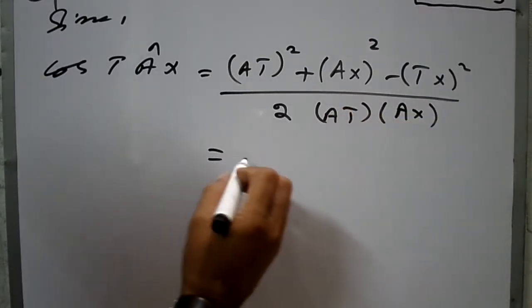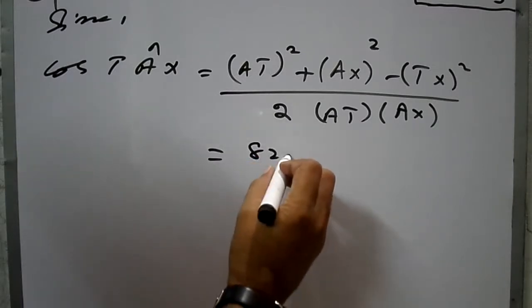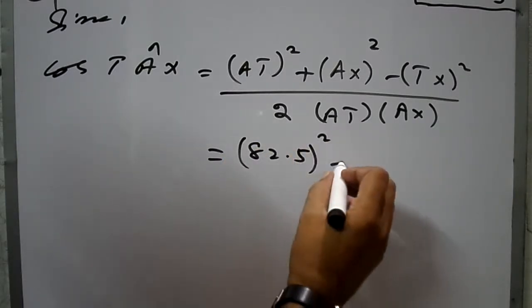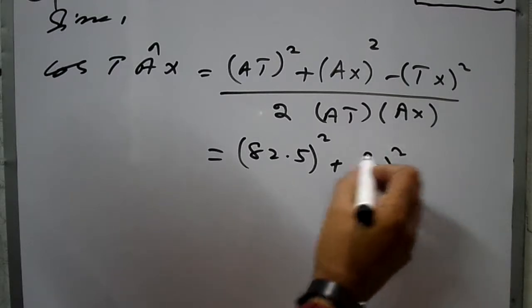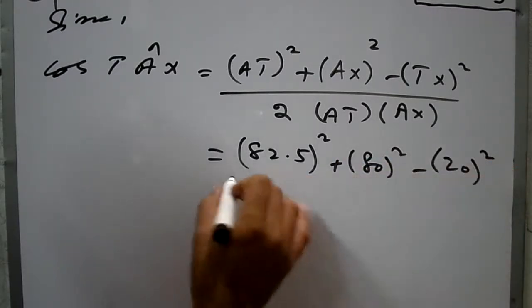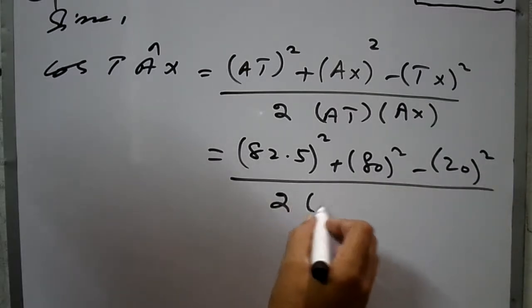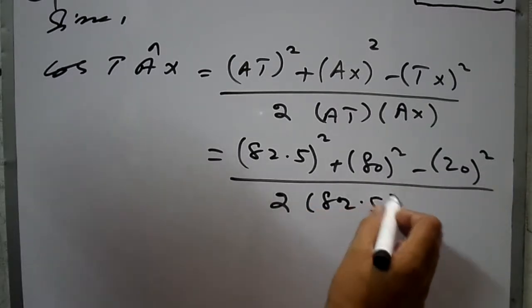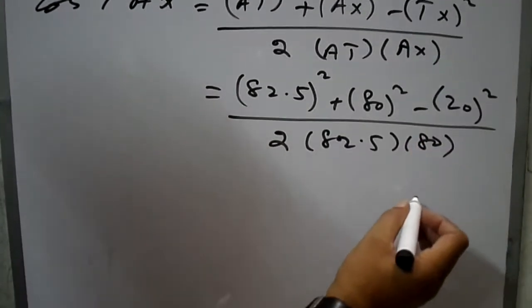So putting the values, 82.5, plus 80, minus 20, 2 into 82.5, 80.